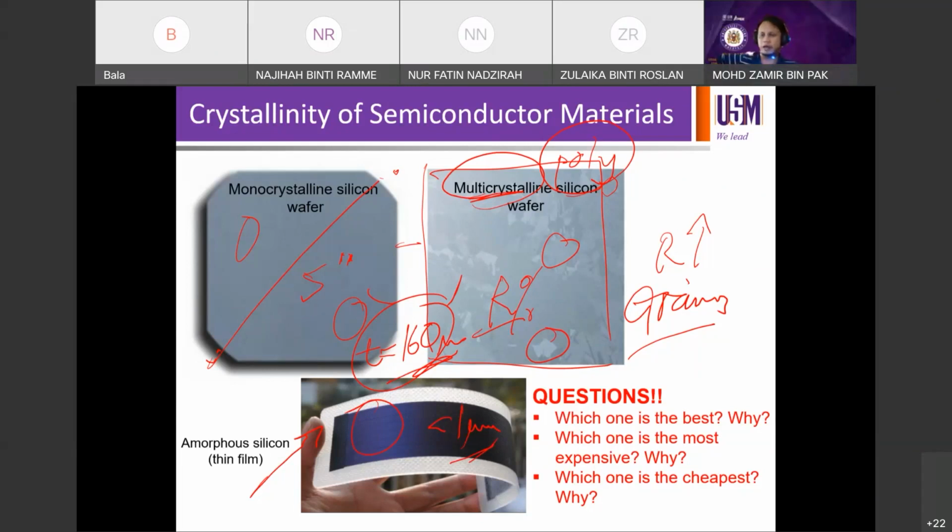So just like your hair. So just imagine what if the thickness is very, very thin, like in the region of 500 nanometers, 800 nanometers, less than 1 micron. Obviously they cannot stand on their own, so dia tak boleh jadi rigid.